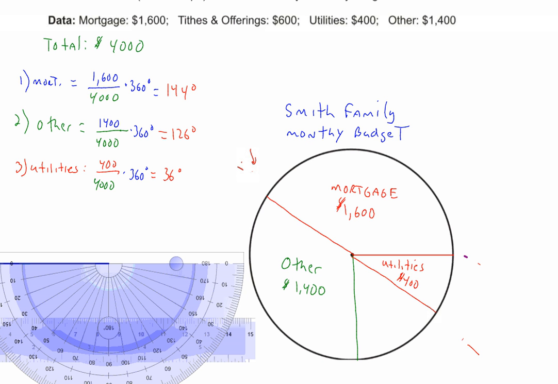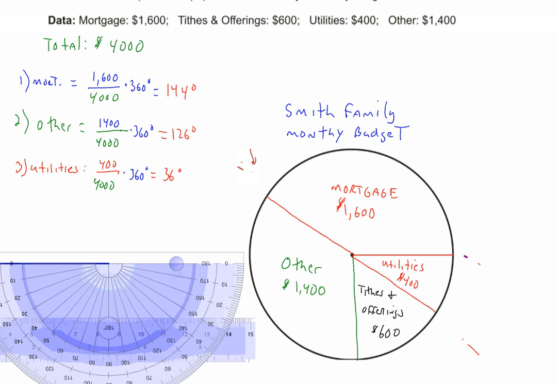What are you going to do for the last piece? Just write it in. Hey, if it's the last piece, it's the last piece, all right? Whatever's left is the last slice. So again, though, we do have to write tithes and offerings. And the amount is $600.